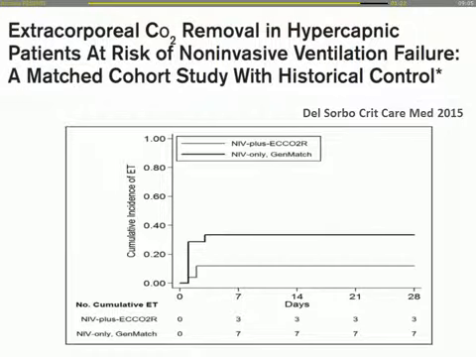But again, the group of Nava, Del Sorbo, and Ranieri reported a positive effect of CO2 removal at very low blood flows. So I think the problem here is defining at which stage and which kind of patients would benefit from these very low flow CO2 removal devices.